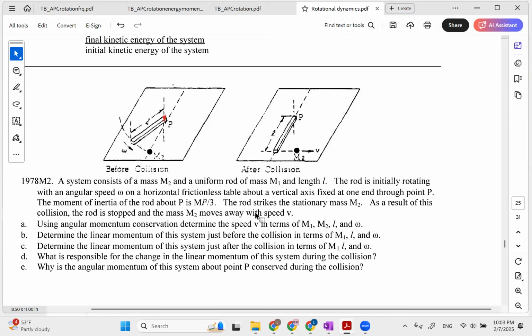So how do you set up an equation? First, angular momentum is conserved. Why is angular momentum conserved? In this situation, you have force applied at the rotational center, right? Does it create torque? No, because sine 0 is 0. It doesn't create torque, right? Torque equals zero, right?